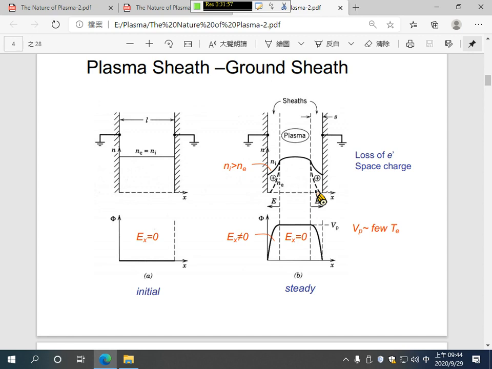So there are different sheaths, and this is the first kind of sheath, which is called ground sheath. Sometimes we use S to represent the sheath region. Any question about the ground sheath? This is the first sheath.